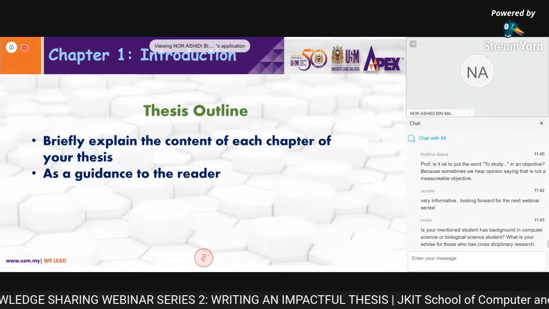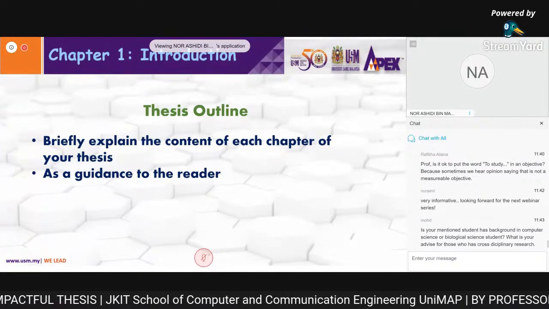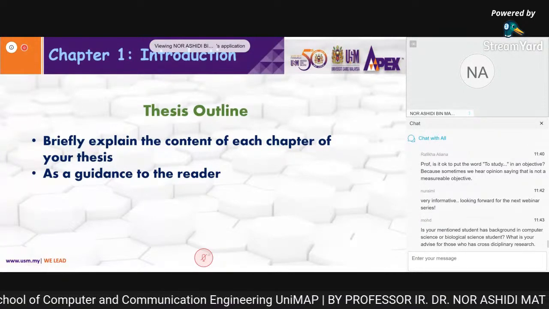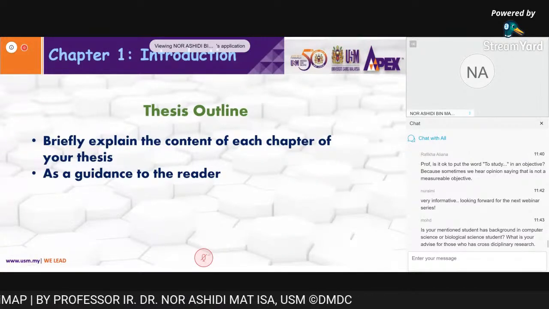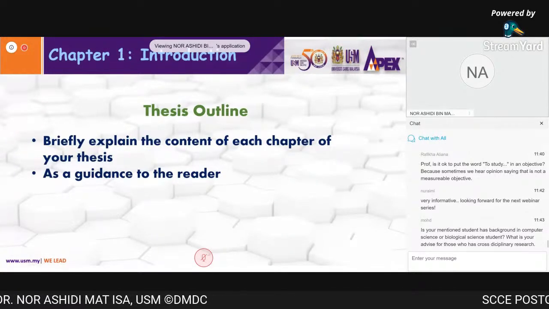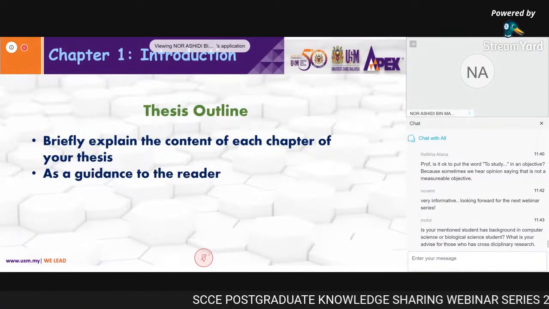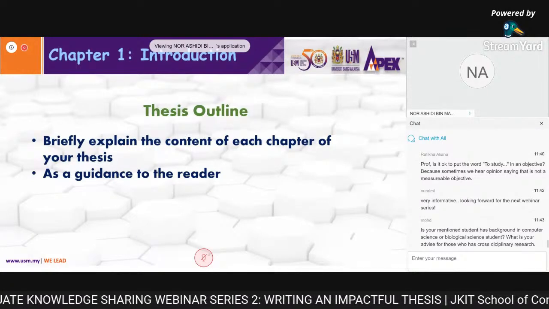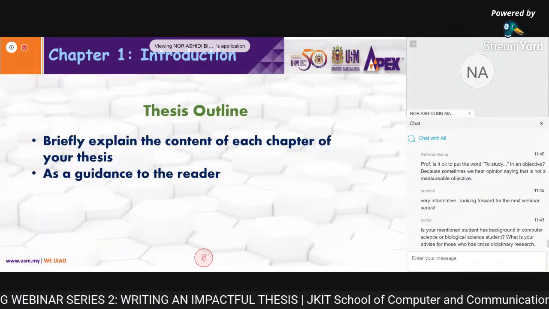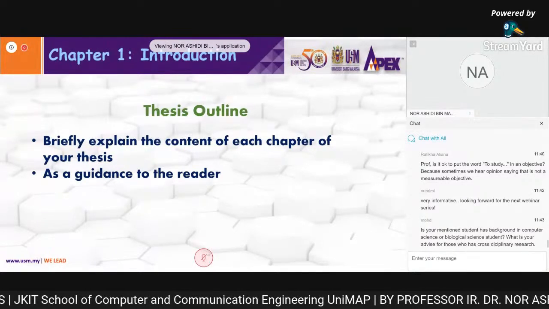The research question is something that, in order for you to support or to prove your hypothesis or research objective, asks what are the criteria to be evaluated, to be considered.